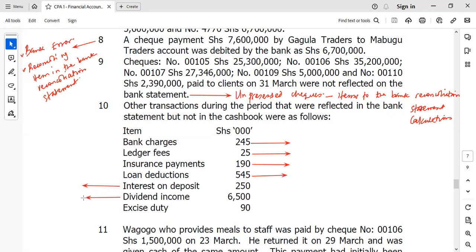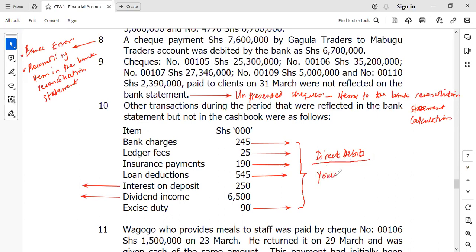Dividend income, same direct credit. Then excise duty, these are payments, so you have to credit them. These are all direct debits.